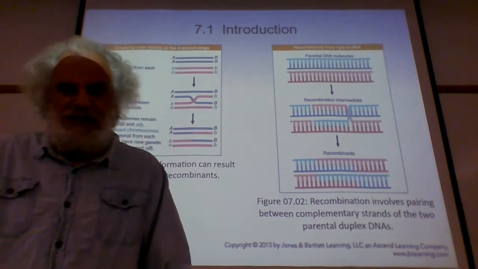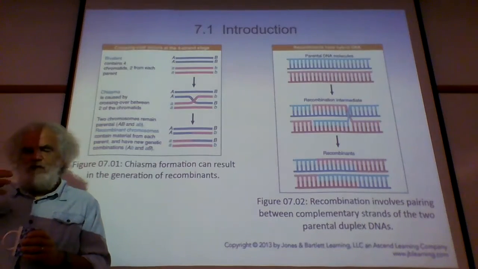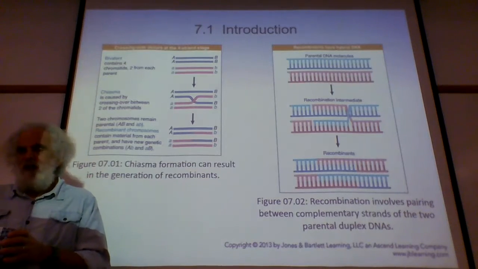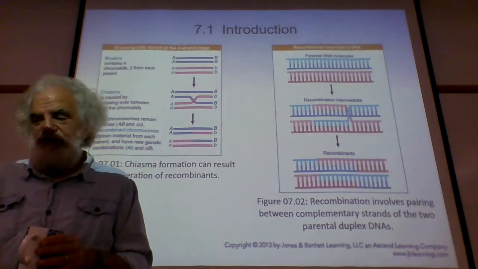So it is believed that this kind of recombination and duplication occurs primarily through recombination and unequal crossing over.